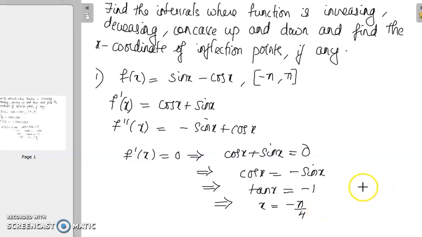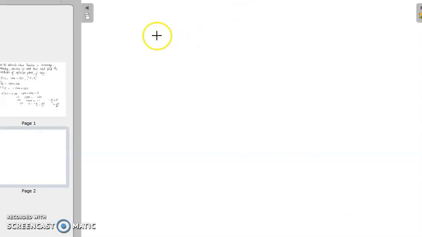So when you take minus pi by 4 plus pi, that is equal to 3 pi by 4. So tan of 3 pi by 4 is equal to minus 1. So these are the x values where tan x is equal to minus 1. We will look in the intervals.